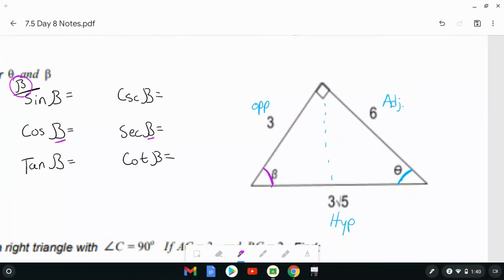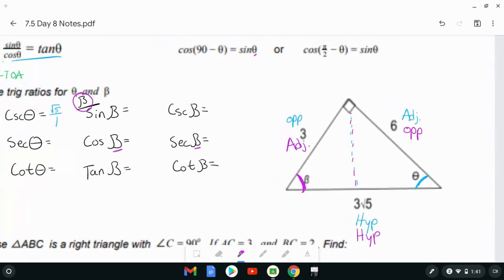Well, if I'm looking now from the perspective of beta, my opposite side for the purple would actually be 6, which is the adjacent side for theta, and then the adjacent side, again, for beta, because I'm looking from the perspective of beta, would be 3. And the hypotenuse does not change because, again, it is across from the 90. It's the longest side of the triangle.